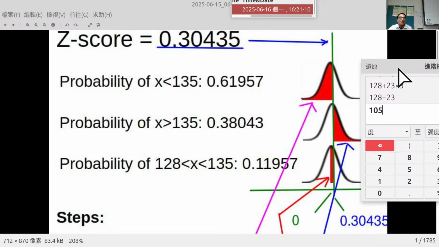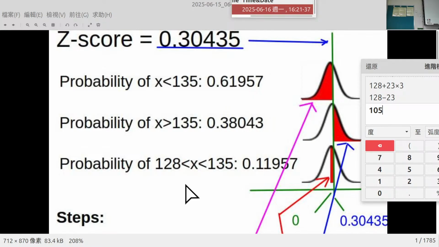The picture, I drew this picture last night. What does it mean? Based on the mean 128 and the standard deviation 23, the number 135 equals 0.30435 of a standard deviation. Not 1, because 1 standard deviation is 23.